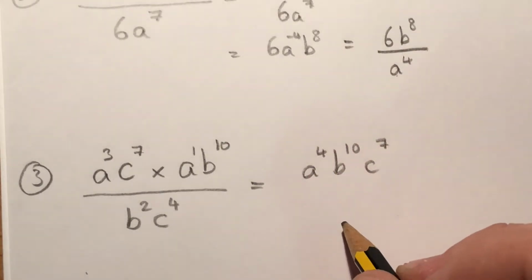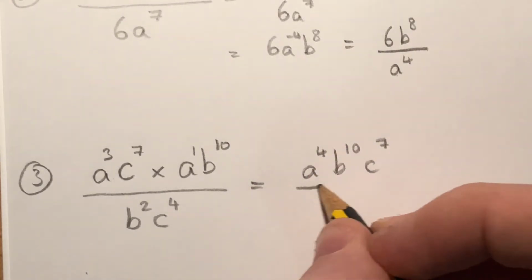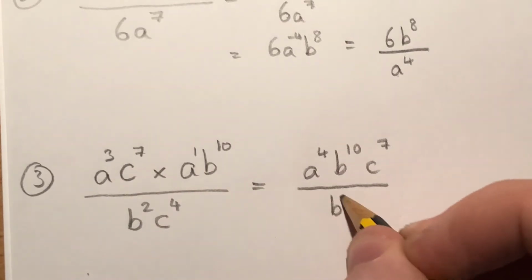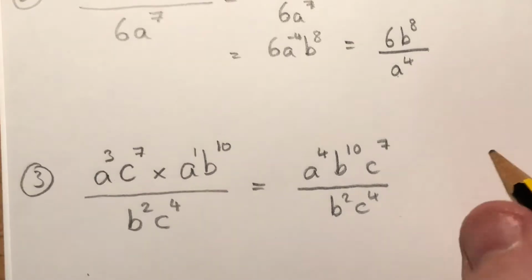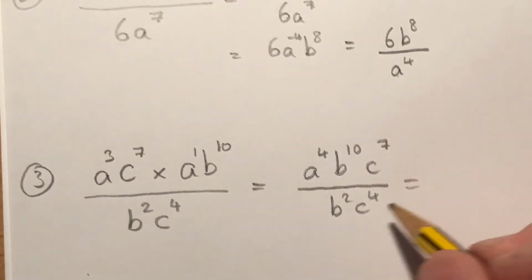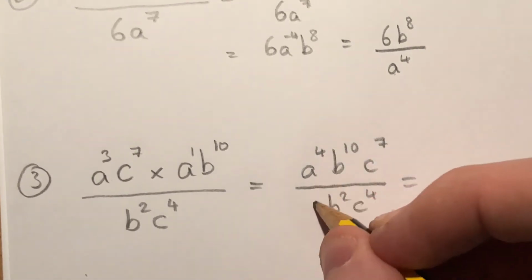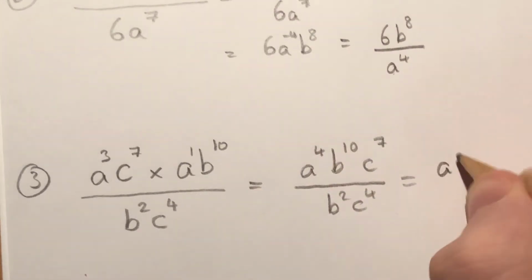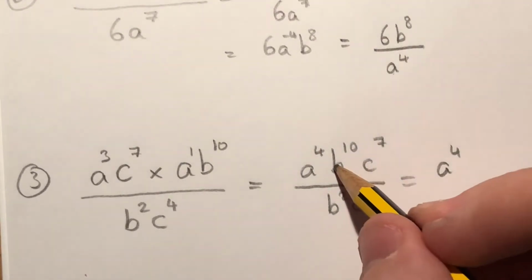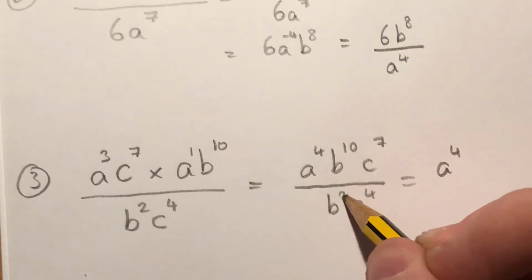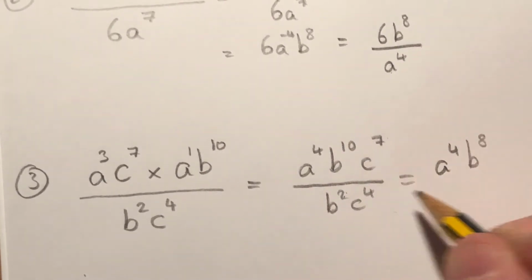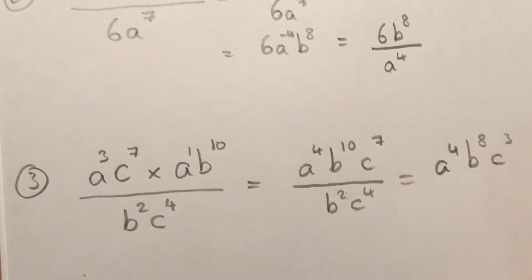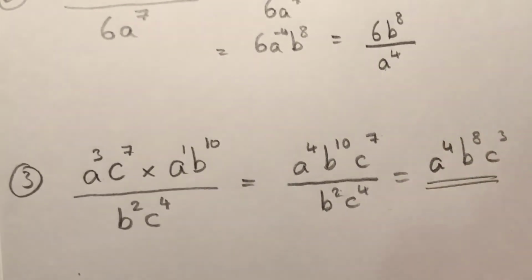None of these can be combined, nor should we try to do so. The bottom has not yet changed, b squared, c to the power of 4. Then we've now got a simple case of rule 2. So a to the power of 4, there's nothing on the bottom to cancel through, so it remains a to the power of 4. b to the 10 divided by b squared, 10 take away 2 is 8. c to the 7 over c to the 4, c cubed. Done.